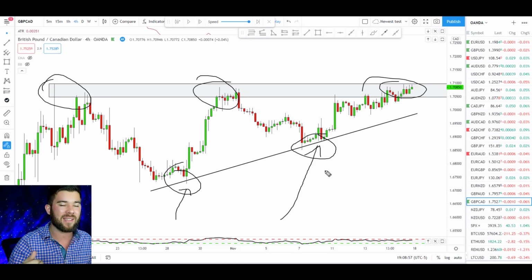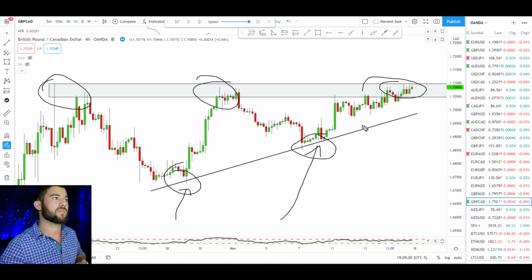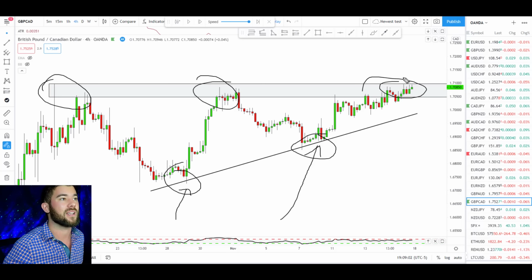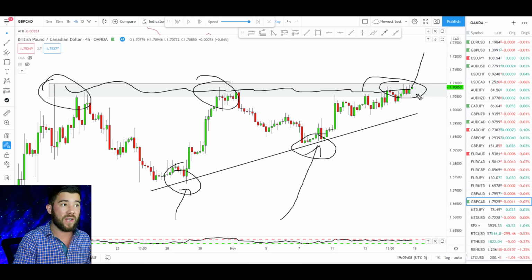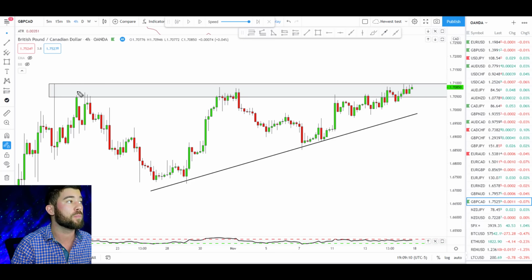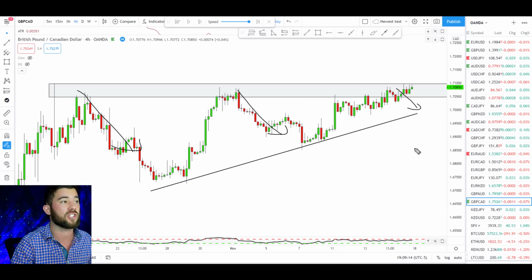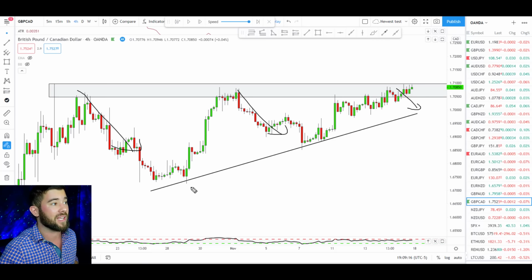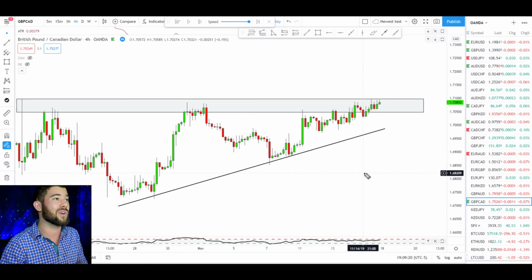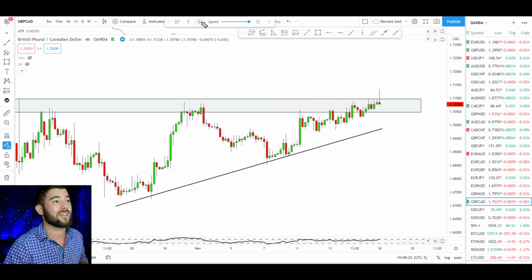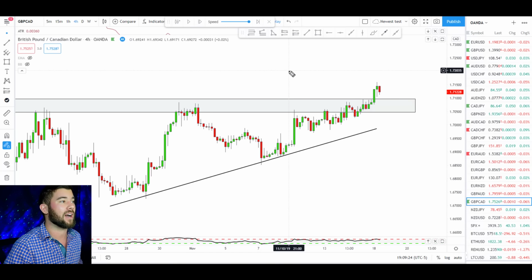And as we continue to make these higher lows, the not inevitable but likely scenario is that eventually we bust through this level of resistance, because sellers eventually give up trying to push the market down from this level of resistance. As their pushes down get smaller and smaller and we get higher and higher lows, they eventually give up. And when they do, it looks something like this. We get a breakout of that level.